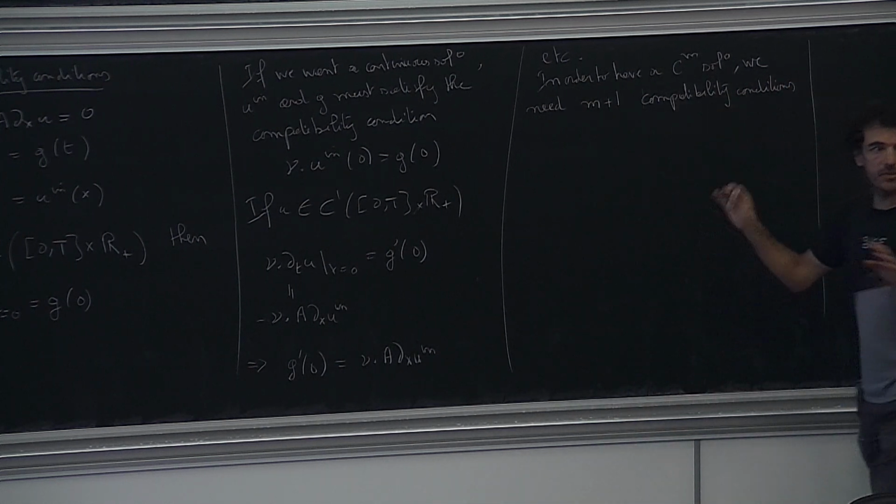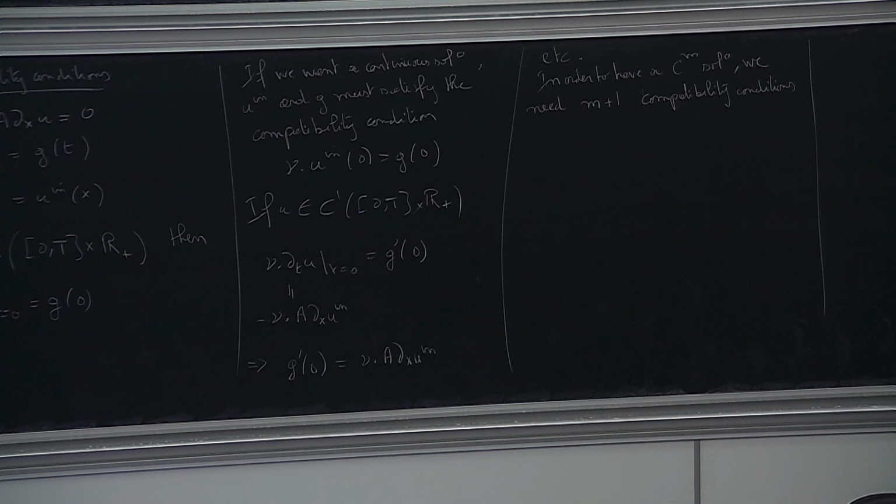You can do it by induction, then derive all these compatibility conditions. Okay, so this is very important. This is something that, of course, is due to the presence of the boundary.